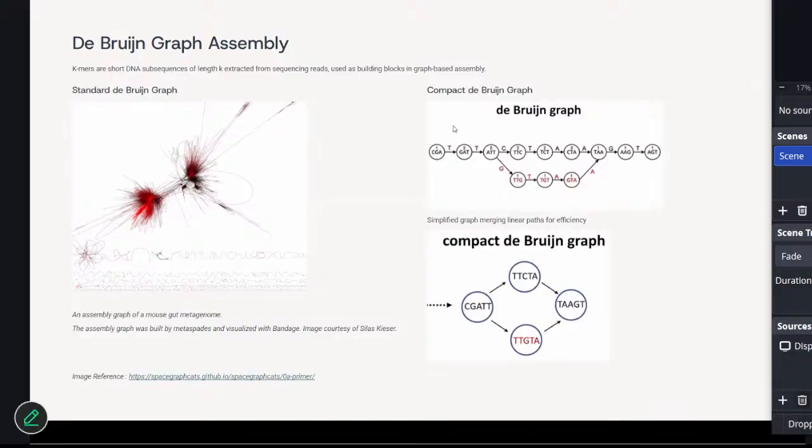So once a standard graph is built, it is converted into a compacted graph, and then the algorithm will write each path into your assembly file separately. So one path will be like this, and the other will be like this. So those paths are written into separate sequences, which we call unitigs.